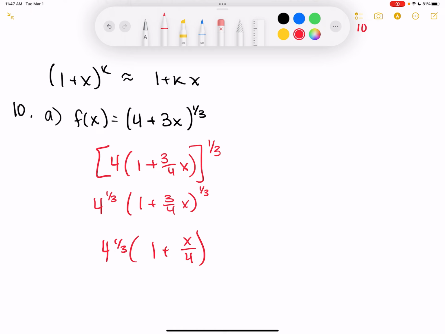I actually think that what they did, based on another example that they have in the book, is that in this area they did 1 plus 1/3 times 3/4 x, and they got rid of the 3's, because that's what they did in another problem. They put the exponent in front of this part.